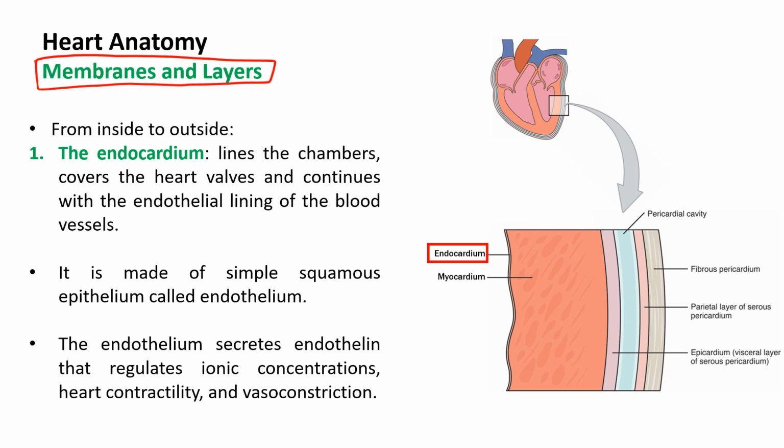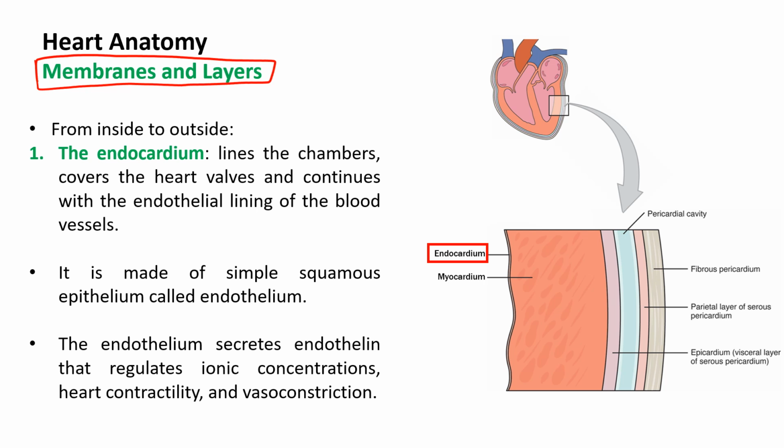They're wrapped by membranes, and hollow organs are also covered by membranes from inside. So we need to learn that there are parts of the heart that receive specific names: the innermost, middle, and outermost layers.